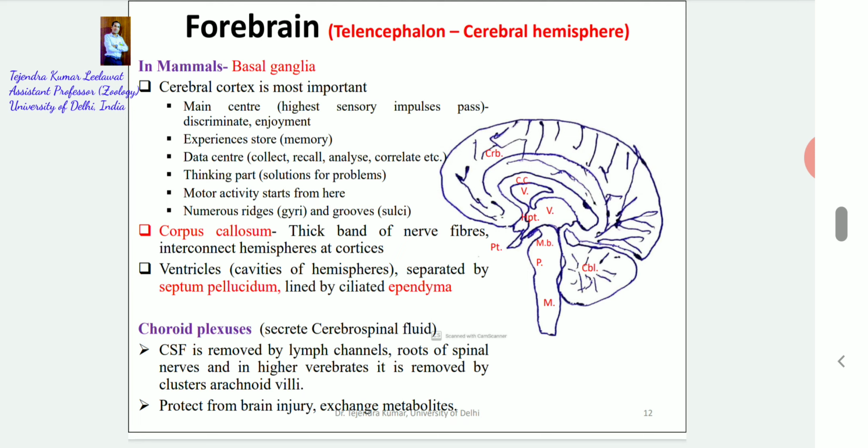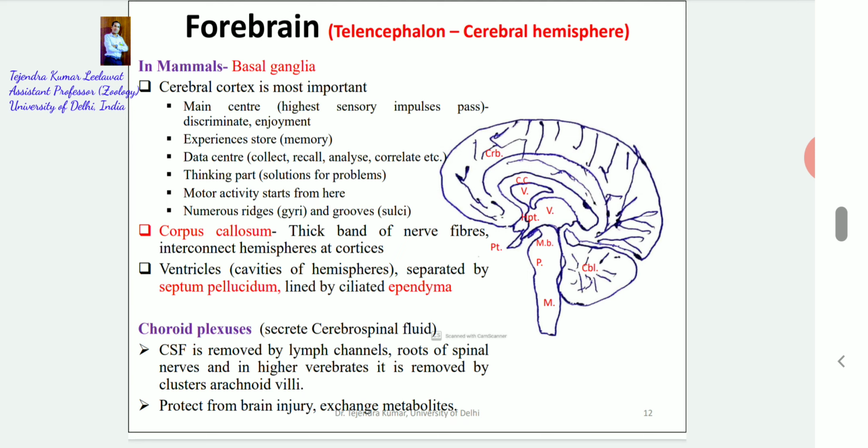I mentioned here some marks, like CRB in red color on the picture. CRB means cerebrum region. Next, CC is corpus callosum, and this portion connects both portions of the hemisphere.